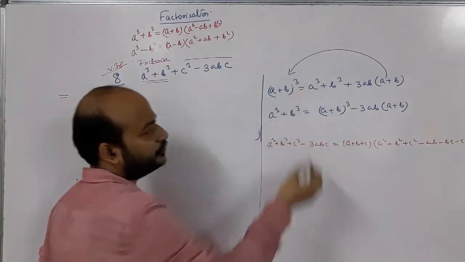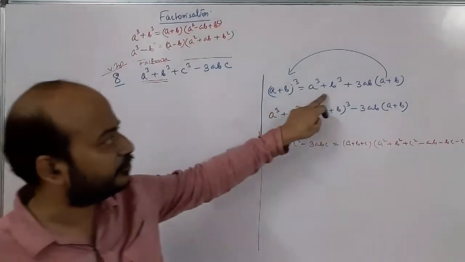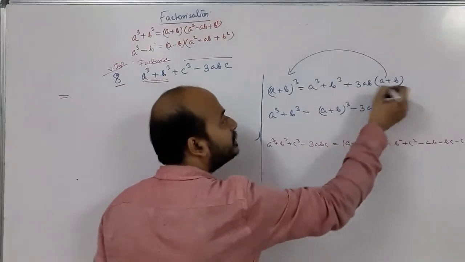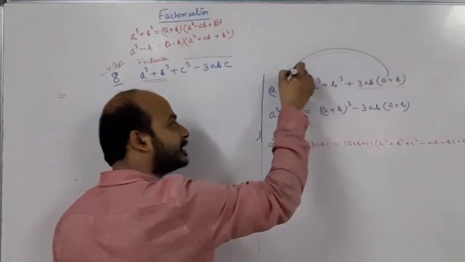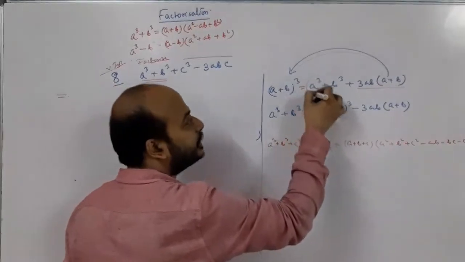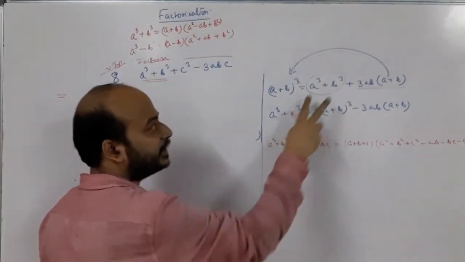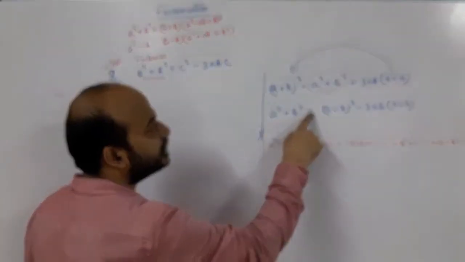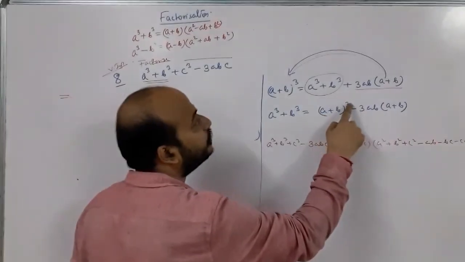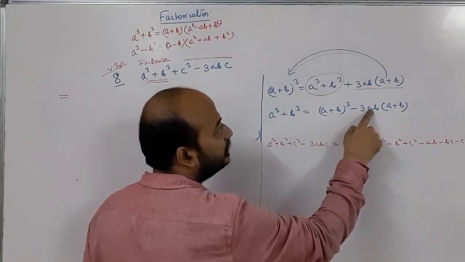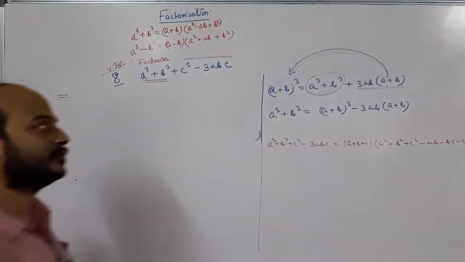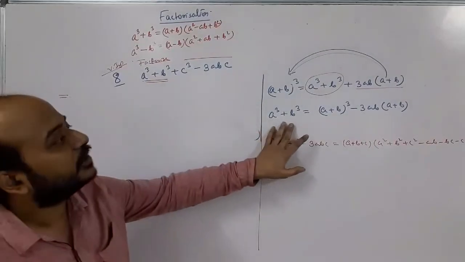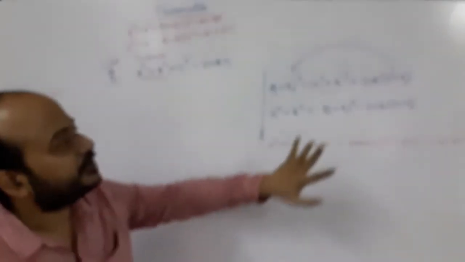Now if I bring this 3ab part to this side, then I am left with a cube plus b cube. So finally I can say a cube plus b cube is actually a plus b whole cube minus 3ab bracket a plus b. So this is another formula for a cube plus b cube.